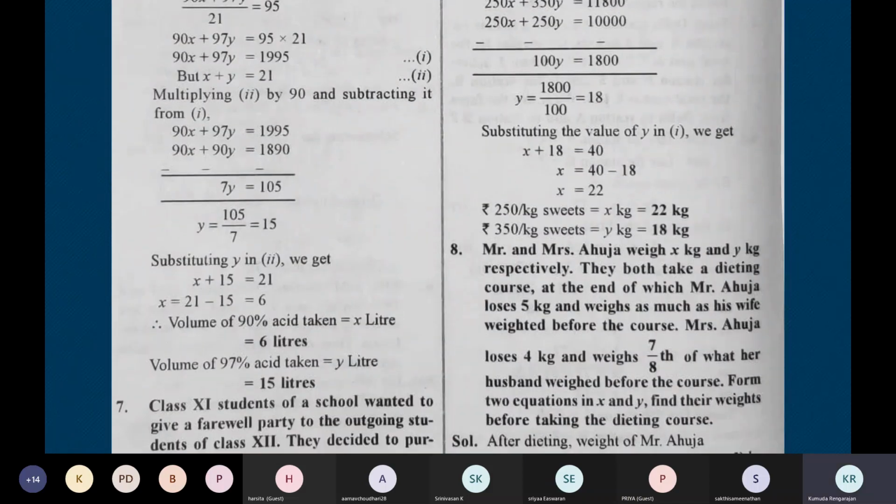On working you get this. So you have to take 6 liters of 90% acid solution and 15 liters of 97% acid solution, so that you get 15 plus 6, 21 liters of 95% acid solution. You can calculate also.